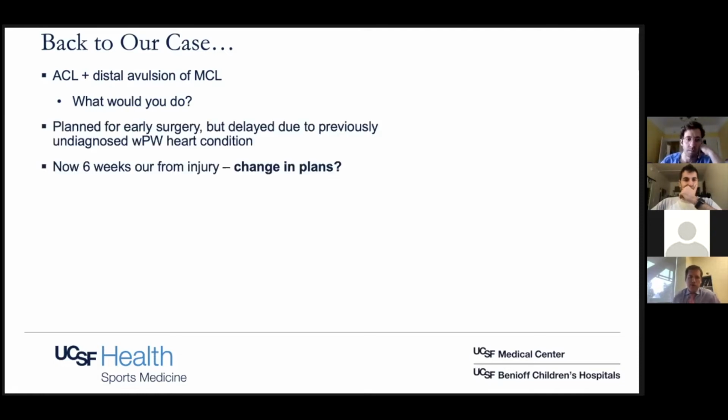I had planned for early surgery, but in his workup it was found that he had Wolff-Parkinson-White. And so surgery was delayed as he had cardiac workup, et cetera. And now it's 6 weeks from injury. Any change in plans? You could re-examine him and see maybe he did heal, and if he went from having no restraint to now having restraint, then potentially you don't have to address it.